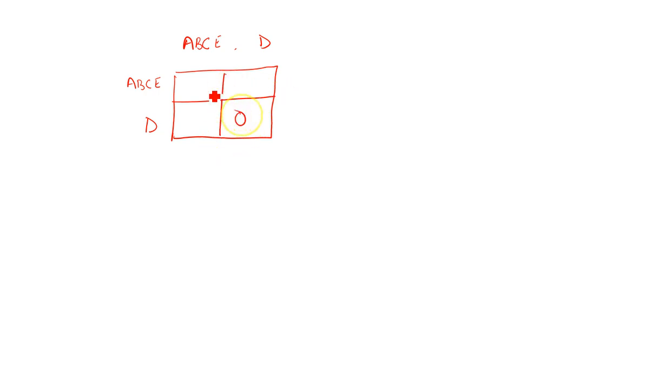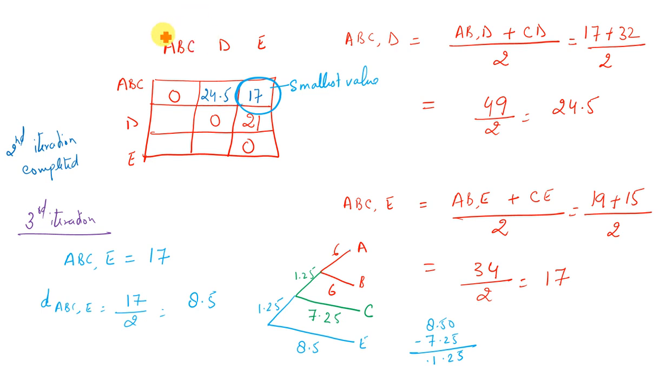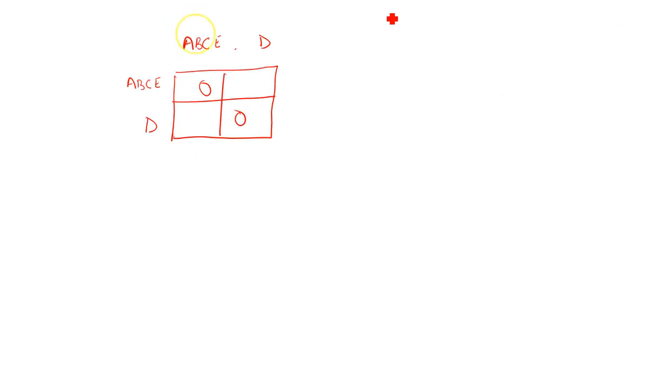Again, now we have to calculate only one value because only one value we want here. So how will we calculate this value? See, in the previous matrix, we have a node ABC. So we will calculate ABCE comma D, that is value equals to ABC comma D plus DE divided by 2.